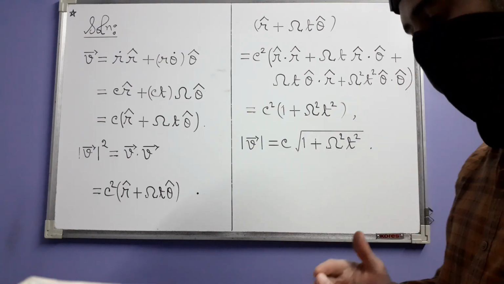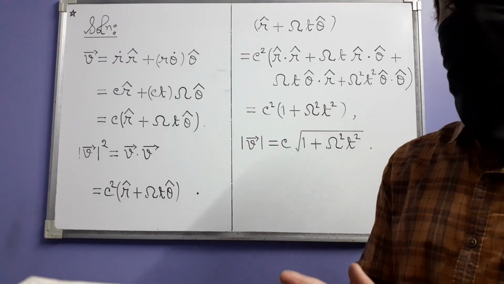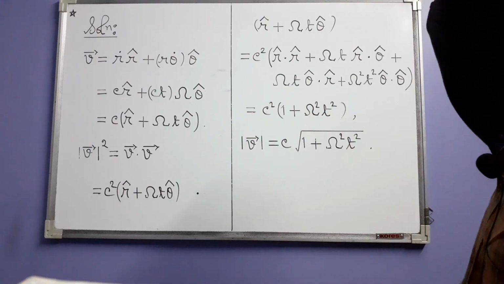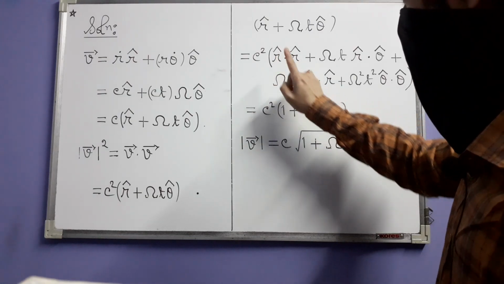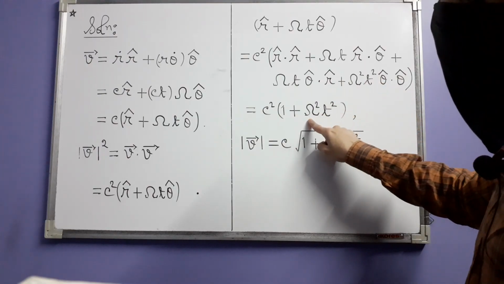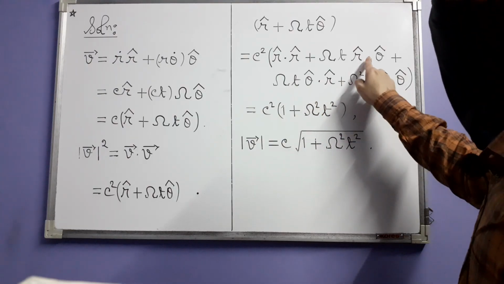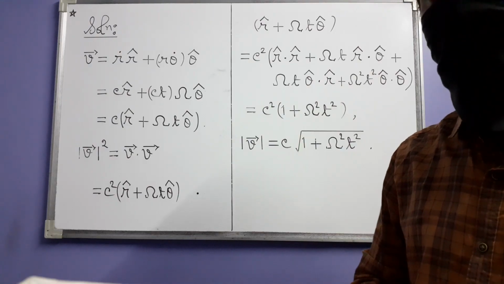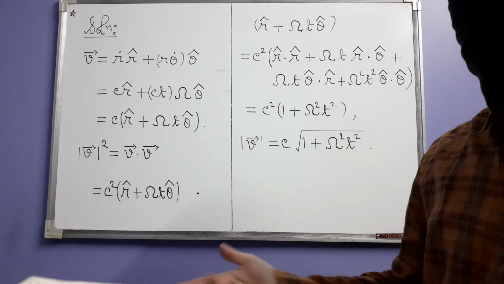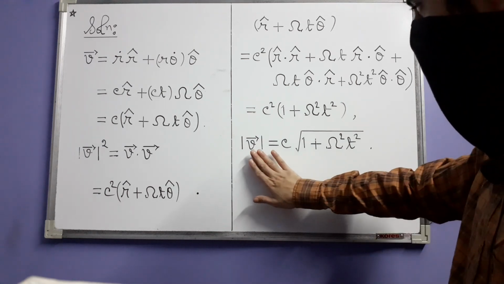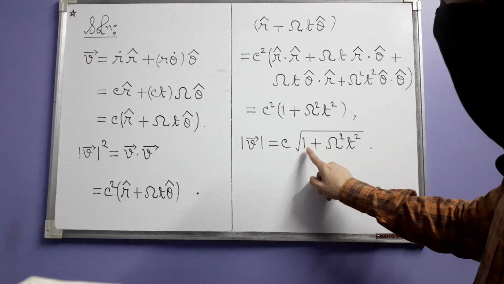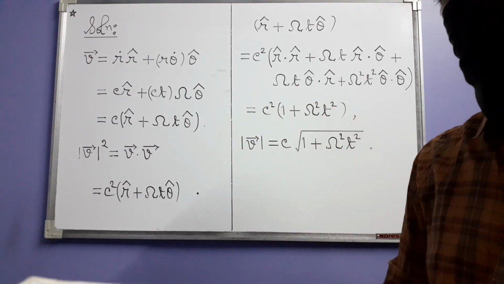Now just like i and j are perpendicular unit vectors, r hat and theta hat are also perpendicular unit vectors. So this dot product is 1. This one is also 1. So that's how you are getting omega square t square. But these are 0 because r hat and theta hat are perpendicular. And then you take positive square root on both sides. So that's how you get the magnitude of v, which is your speed: c times the square root of 1 plus omega square t square.